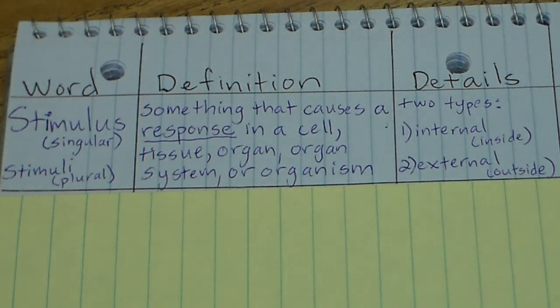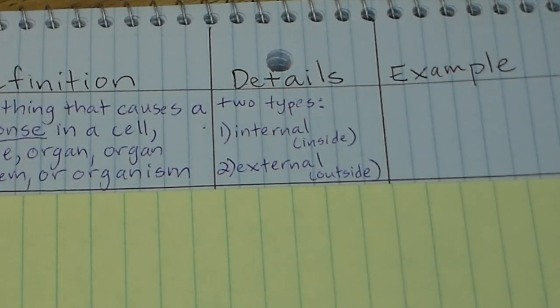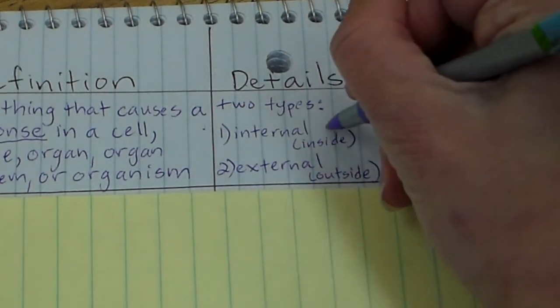So a stimulus could be anything that causes a cell, a tissue, an organ system, or an organism to respond. And again, it can be something inside the cell or inside the tissue, or it could be something external, something outside. Let's look at an example of an internal stimulus.